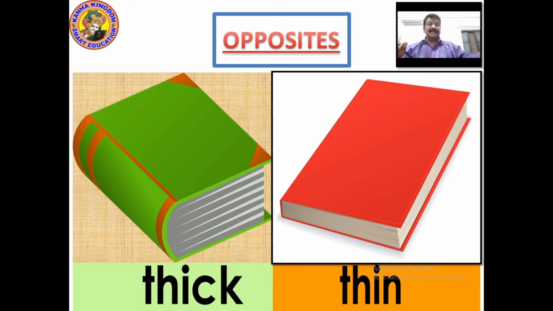You can understand thick and thin. Thick means the broader things, thin means the smaller things. Thin, thick. Please write it down. Opposite of thin is thick and opposite of thick is thin.